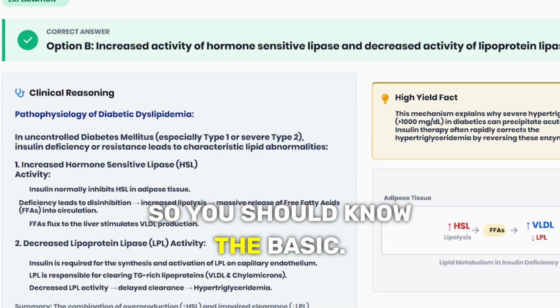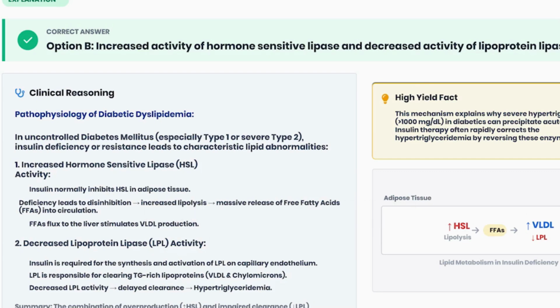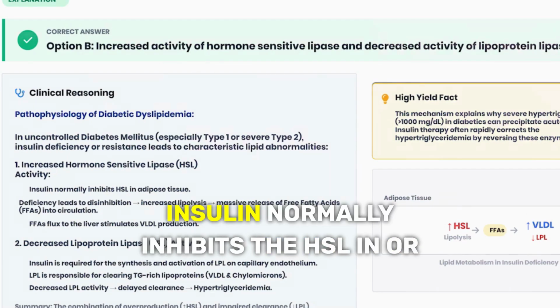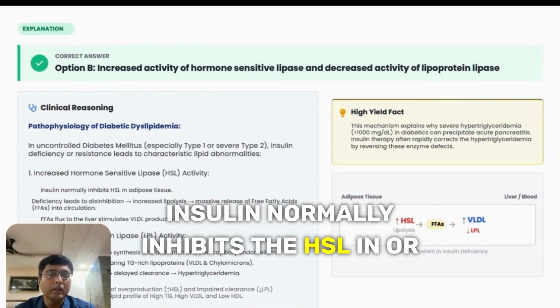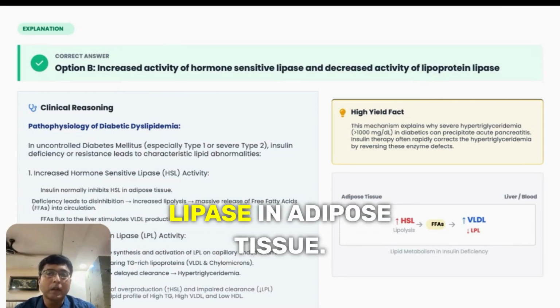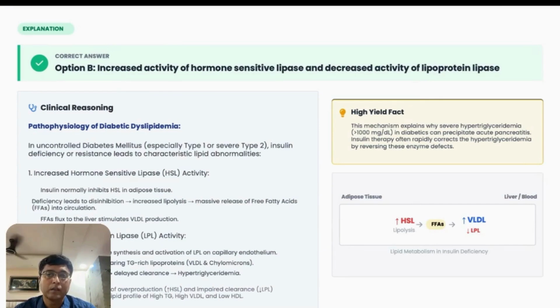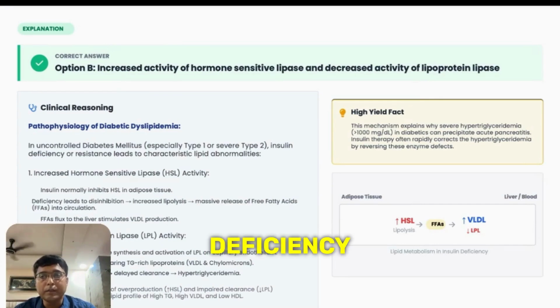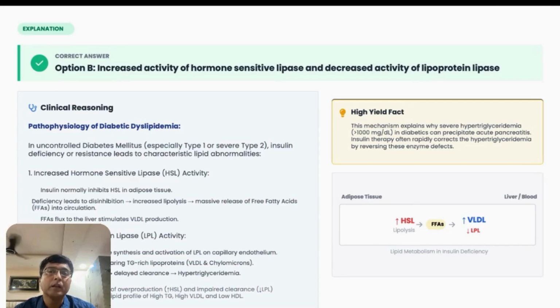So you should know the basic. What is the basic? Insulin normally inhibits the hormone sensitive lipase in adipose tissue, and insulin deficiency leads to the disinhibition of the HSL.